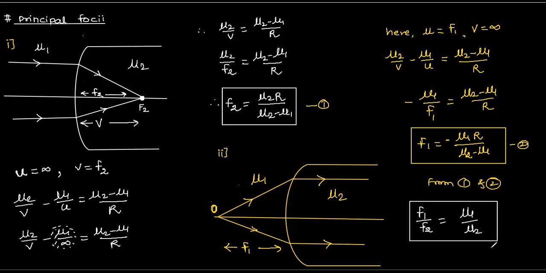And one more formula, keep it in mind, a note point for this. Now, mu2 by v minus mu1 by u is equal to mu2 minus mu1 by r.